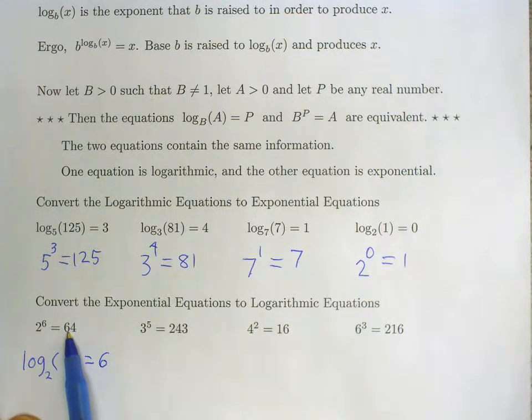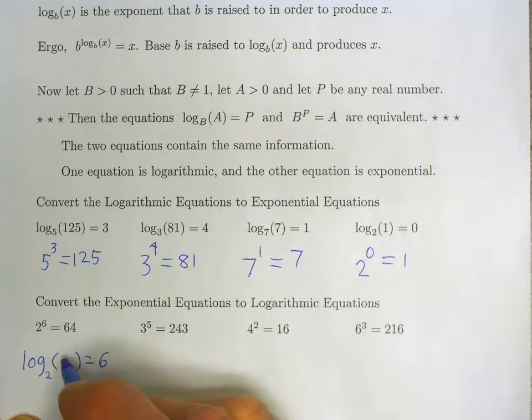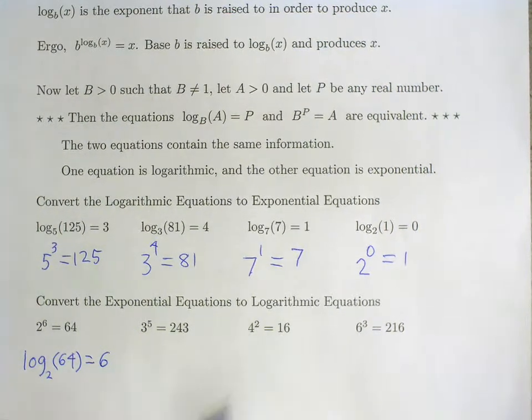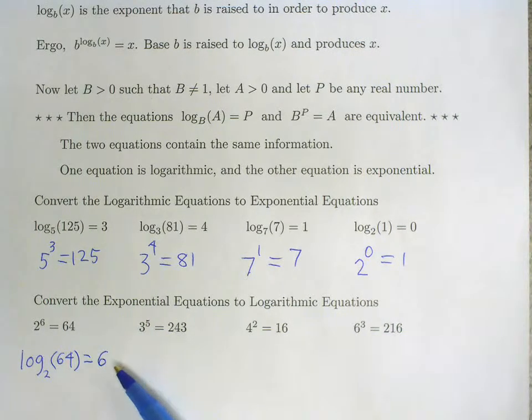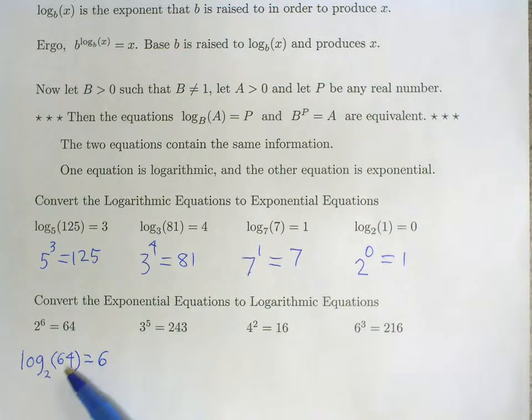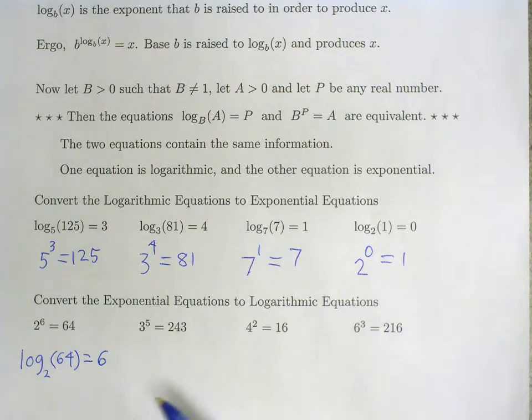And then the argument of the logarithm is 64. One thing you can do is a 3-point test to verify that your logarithm is correct. The base raised to the number on the right-hand side of the equation has to equal the argument. So 2 to the 6th equals 64. So we have just verified that we have the right logarithmic equation.